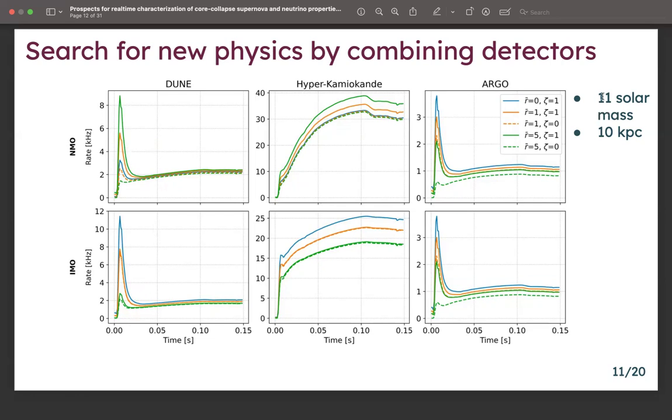This is for an 11 solar mass progenitor happening at 10 kiloparsec. And as I told you, R bar equal to 0 and zeta equal to 1 corresponds to the standard model scenario, and then the other values are different combinations of new physics that we just check out in these plots.